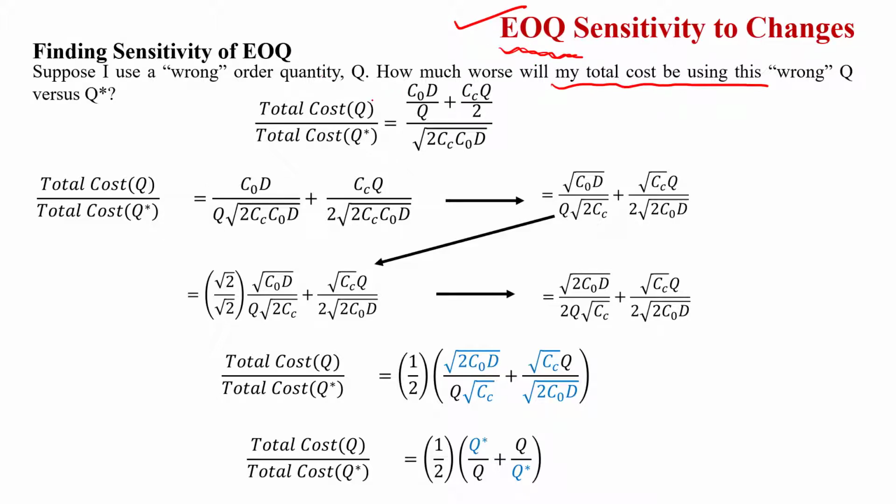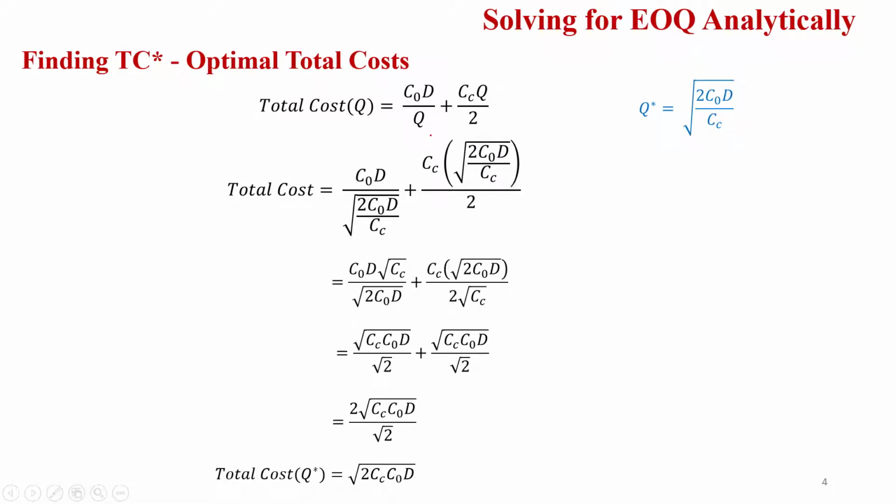We know that the total cost in inventory management is the total ordering cost plus total inventory carrying cost, or you can say inventory holding cost. And the total cost at the optimum order quantity is going to be equal to the square root of 2 times carrying cost per unit times ordering cost times the annual demand, which we have calculated earlier.